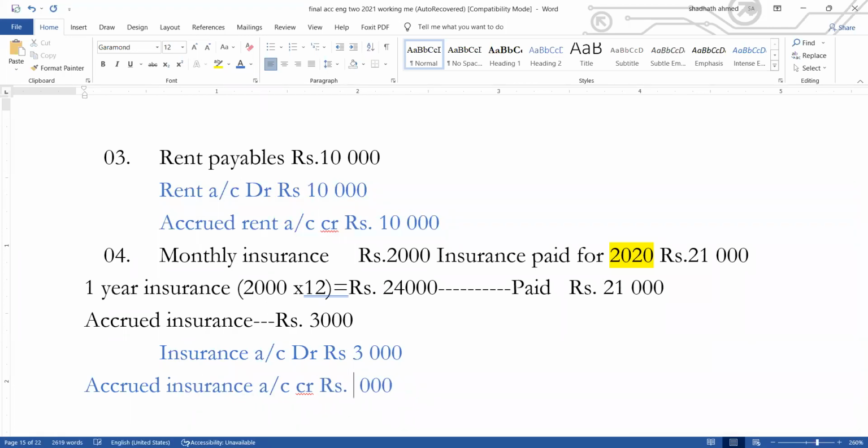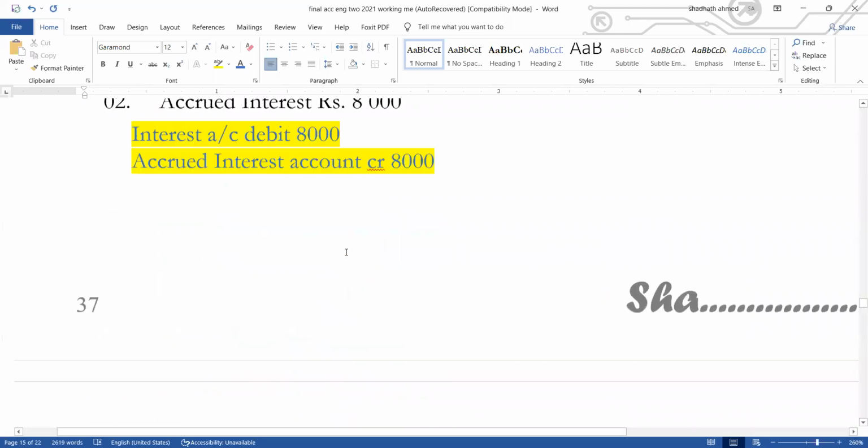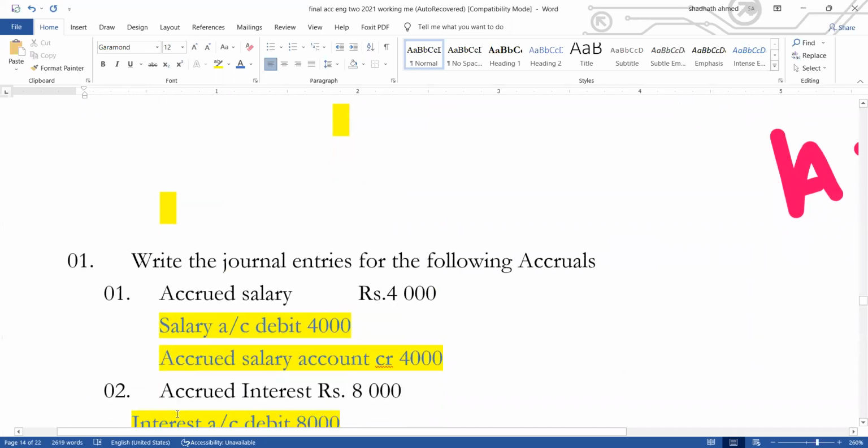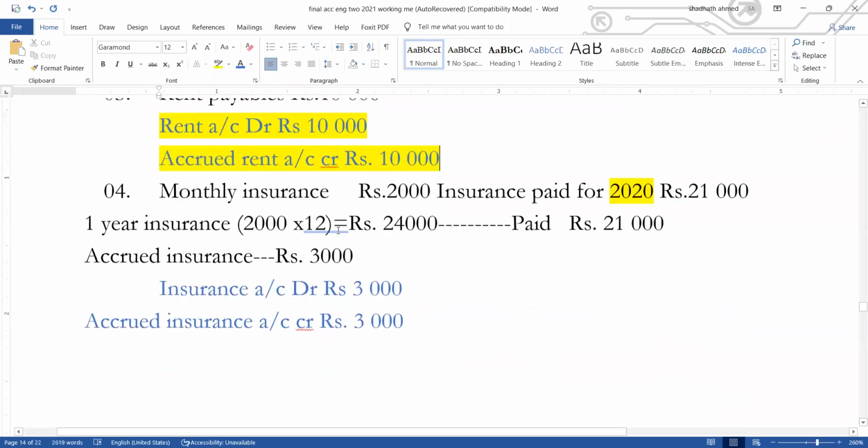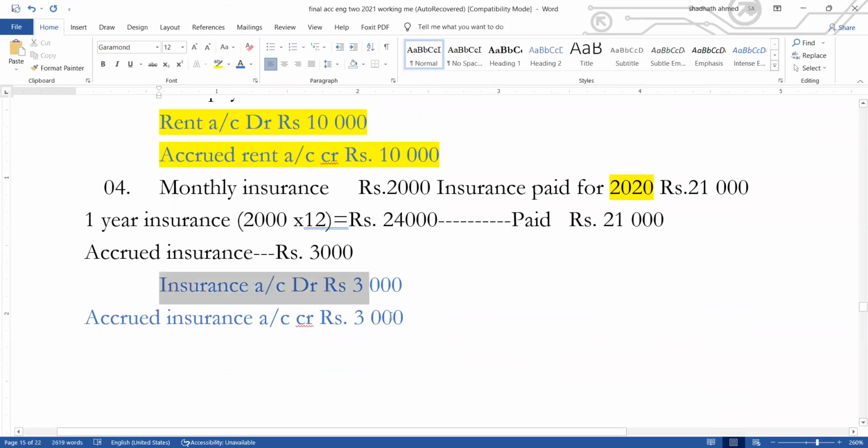Why? In the previous 3 questions I directly gave accrued salary, accrued interest, and rent payable. Directly I have given the answer. In this, we have to find out the answer and write it. We have to find the accrued interest and accrued insurance and write it.